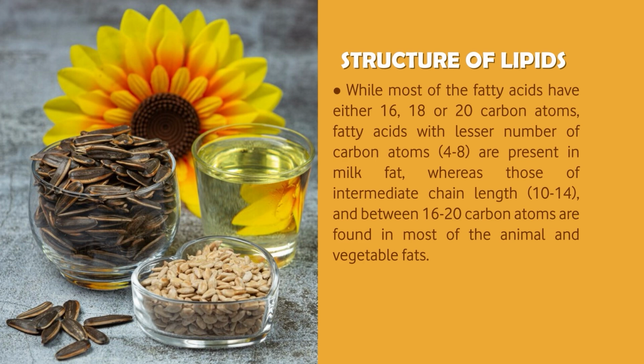Fatty acids with a lesser number of carbon atoms like 4 to 8 are present in milk fat, whereas those of intermediate chain length like 10 to 14 and between 16 to 20 carbon atoms are found in most of the animal and vegetable fats. The hydrocarbon chain of the fatty acids is either saturated, that is without any double bond, or unsaturated, that is with one or more double bonds.